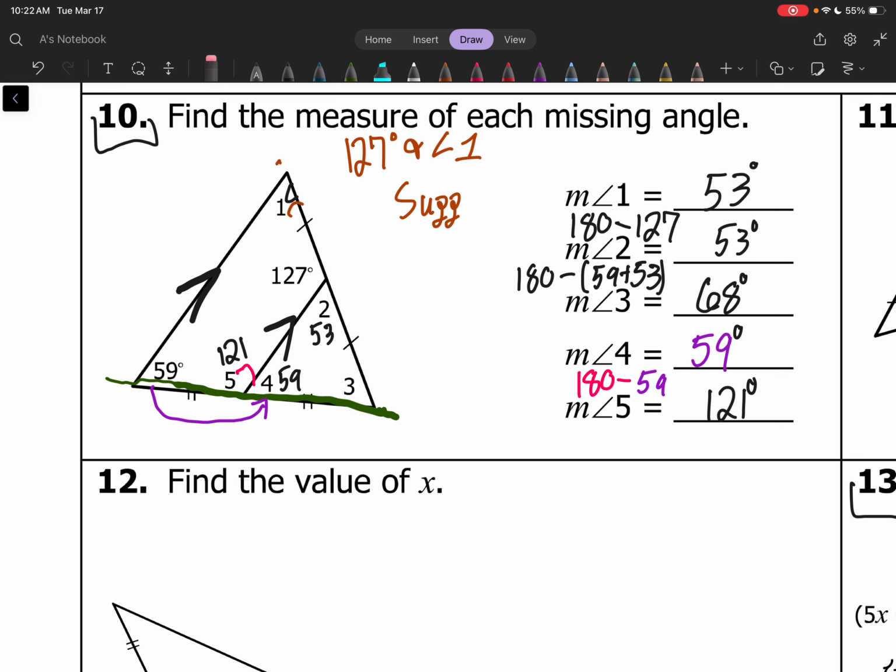Another way you could look at this, if I were to extend this line segment, I could put a 127 here for corresponding angles.